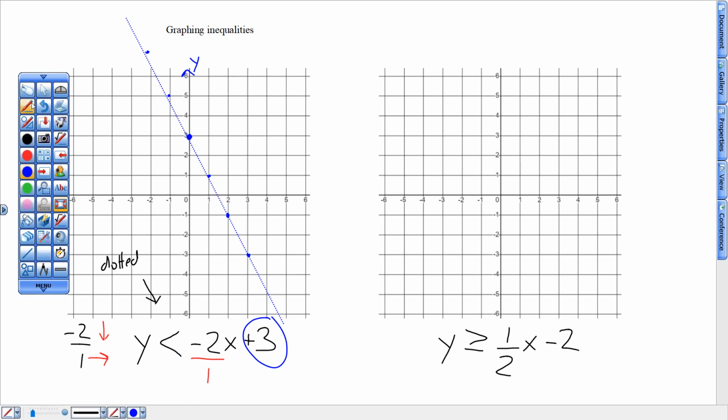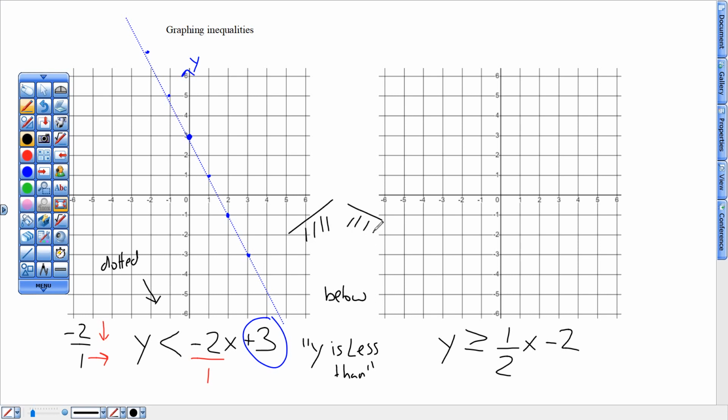And then that inequality tells me how to shade it. If you translate it, this is y is less than. Less than to me is always below the line. I don't care how the line is drawn, below is underneath the line.